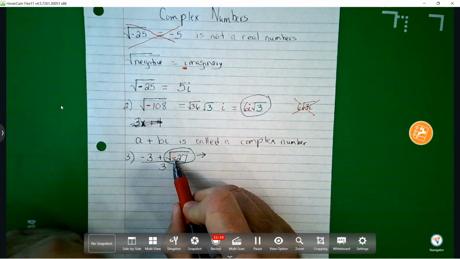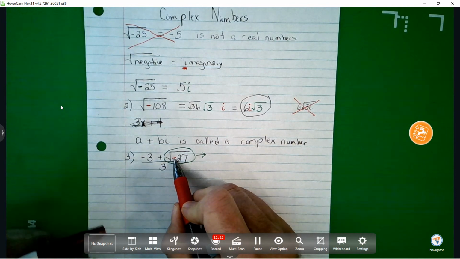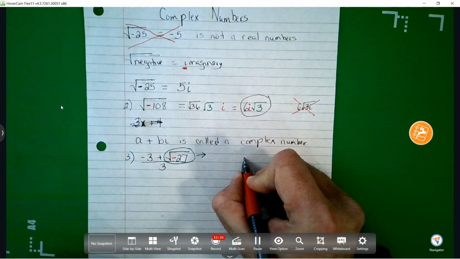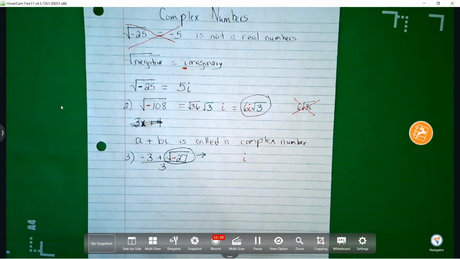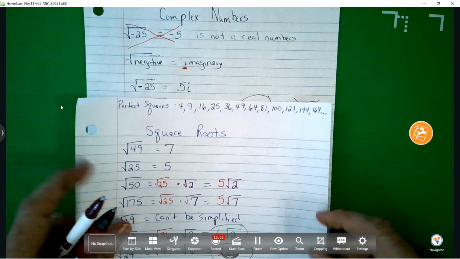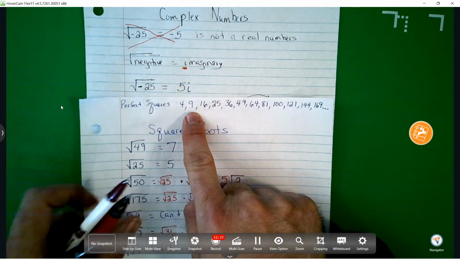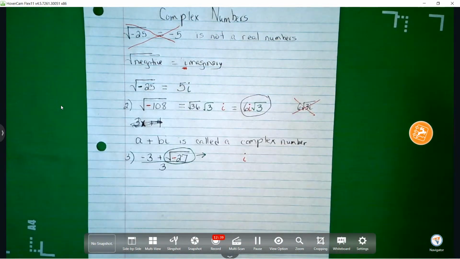Well, because there's a square root of a negative, because of this red negative sign I've written there, there's going to be a red i for imaginary. Now let's simplify square root of 27. Thinking, which perfect square divides evenly into 27? Well, that's not a hard one. 9.